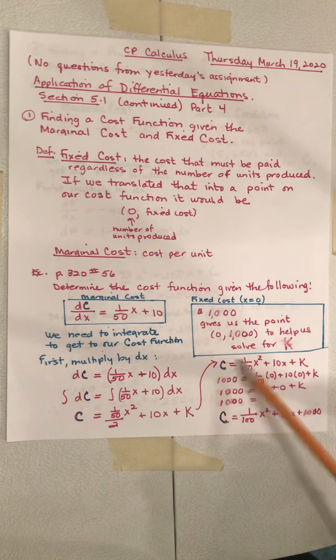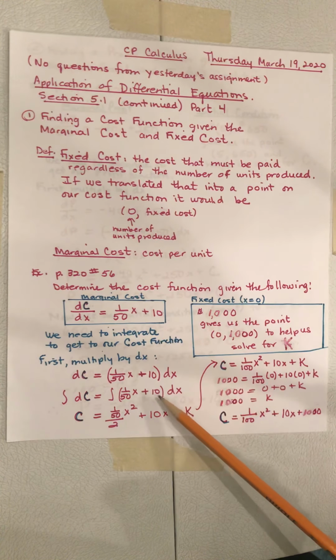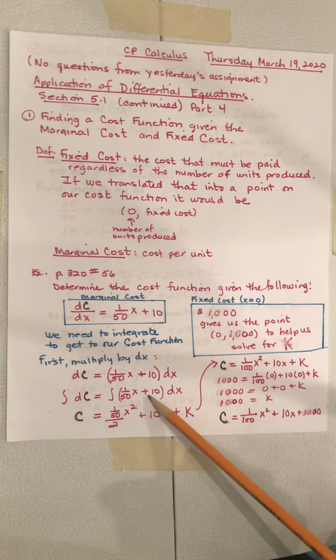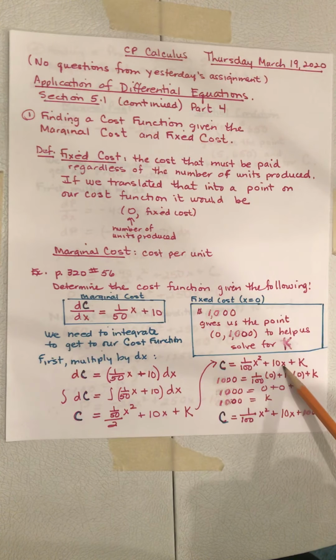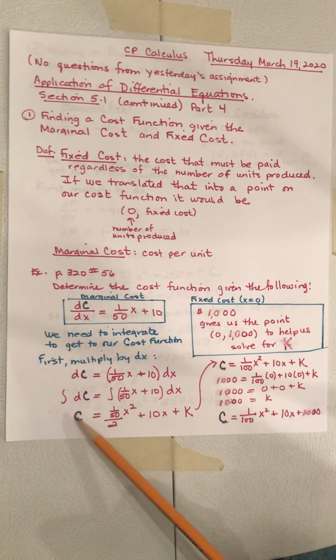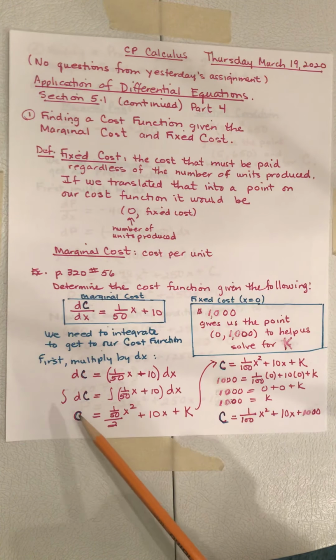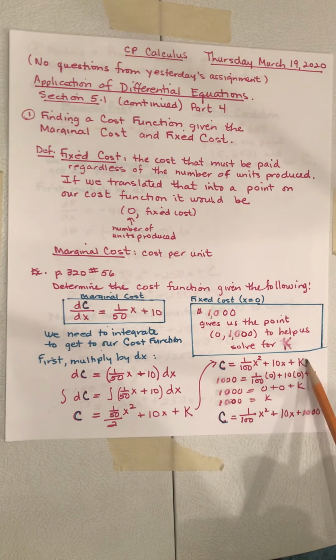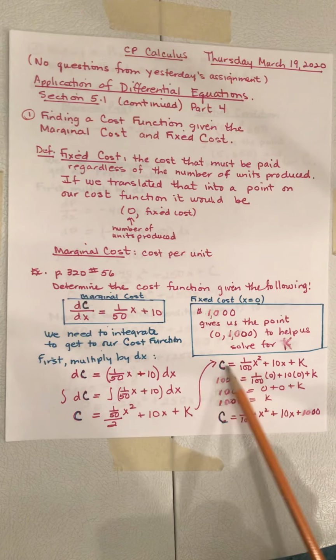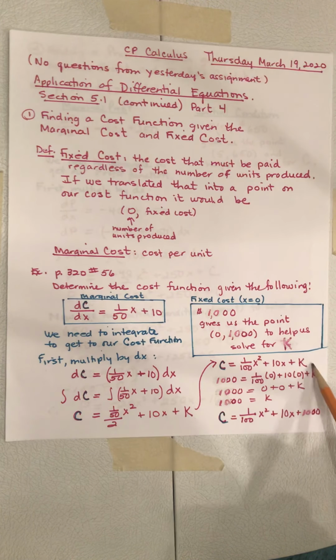So there's our first term. Then we integrate 10 with respect to x, which we now know is just 10x. And then yesterday we put plus c, but because cost starts with a c, we don't want to get that c mixed up with this c, so we just changed this c to a k. All right, so now we have our general solution cost function.